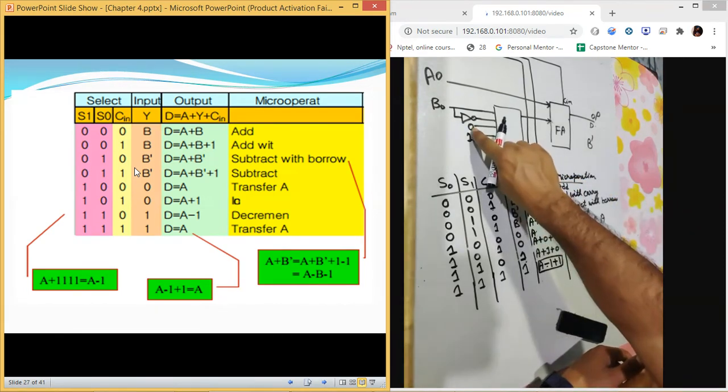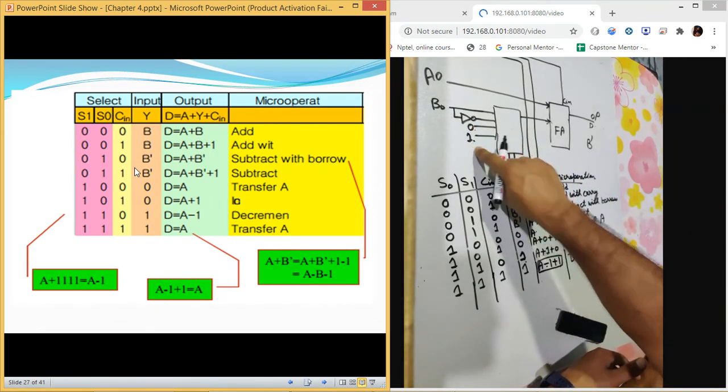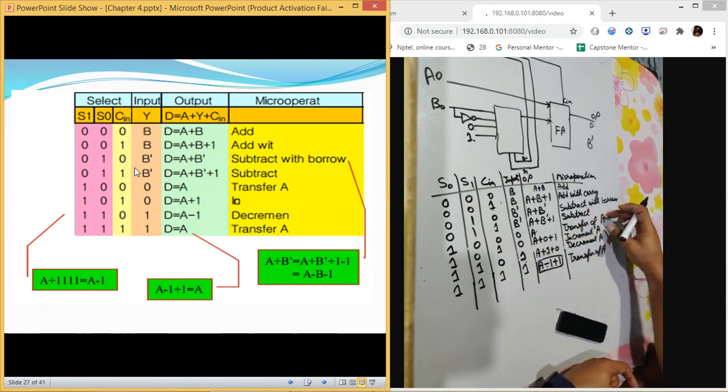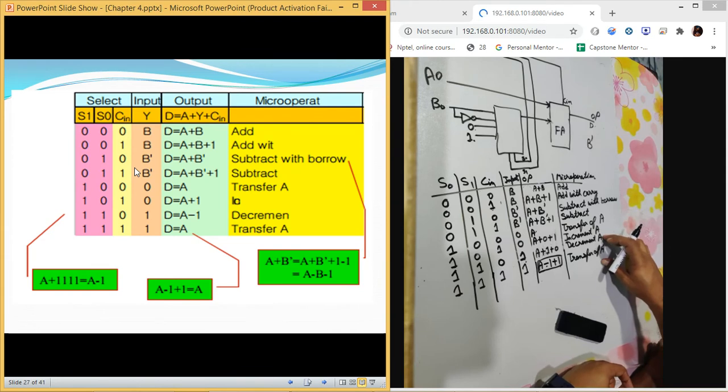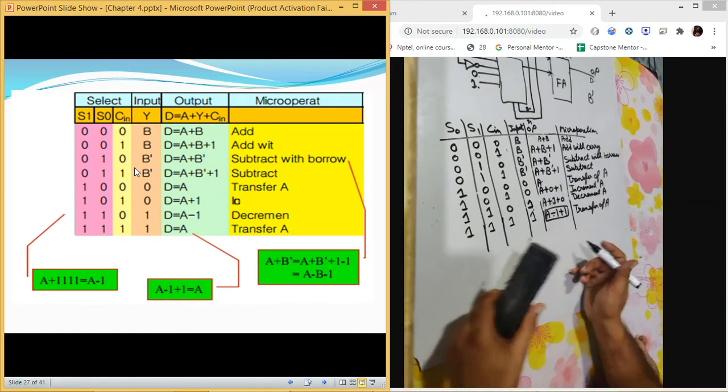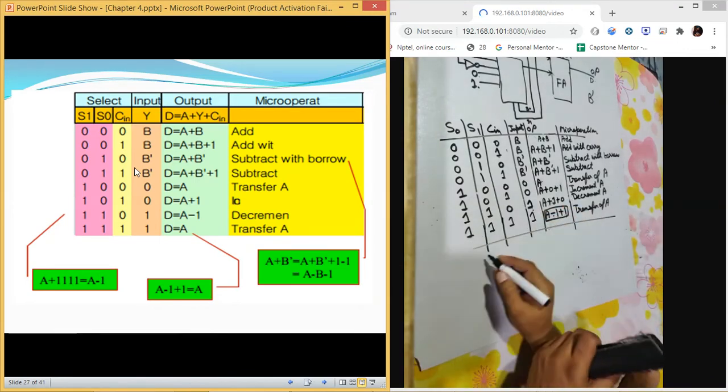Circuit will get this value 1 here and 0 at this place. So according to that, these two functions will be here, and these two functions of transfer and increment with A will be at this place. So let me just replace it.